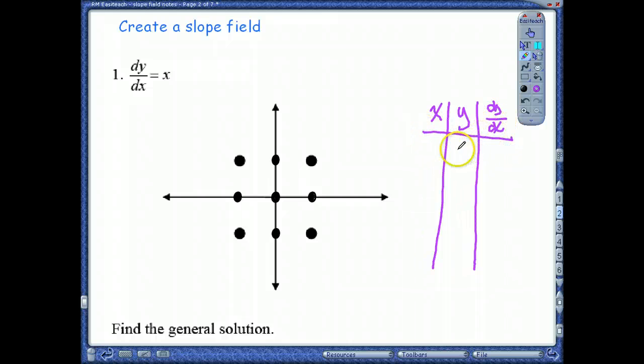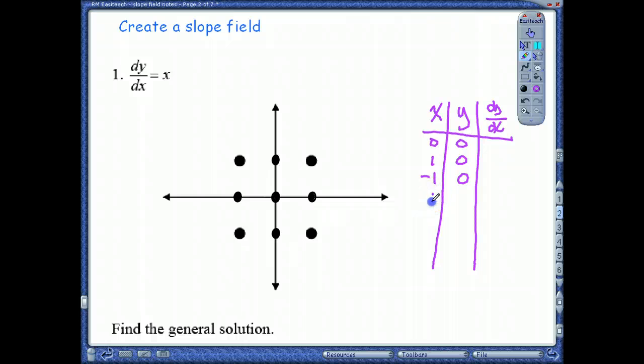All right, so when I'm looking at these points, I have 0, 0, 1, 0, negative 1, 0. I have all of these points, and we're going to have these just go by ones. But I didn't want to put the little notches on there because when we draw our slope field, you're going to see what we're talking about here. So we've got the point 0, 0, the point 1, 0, and the point negative 1, 0.